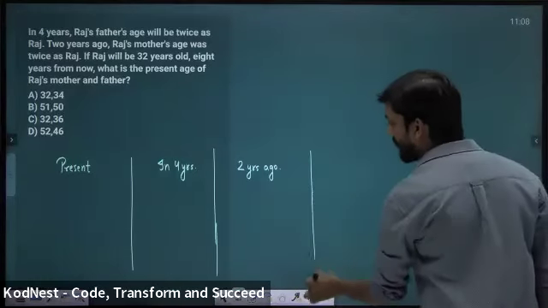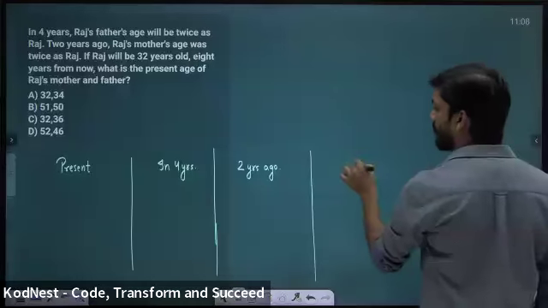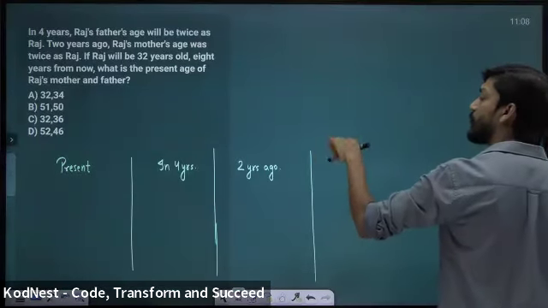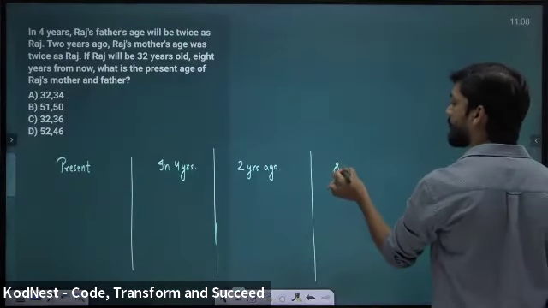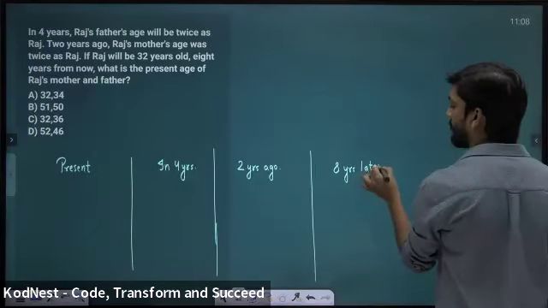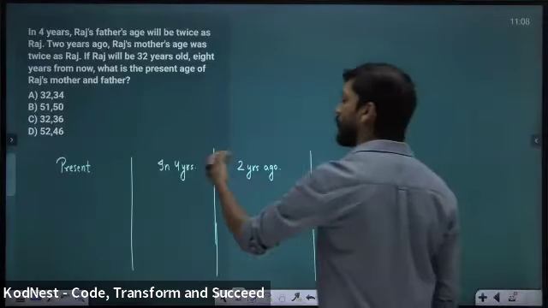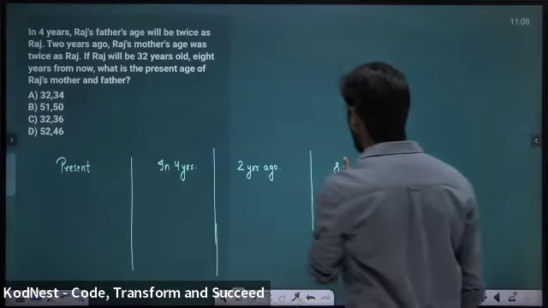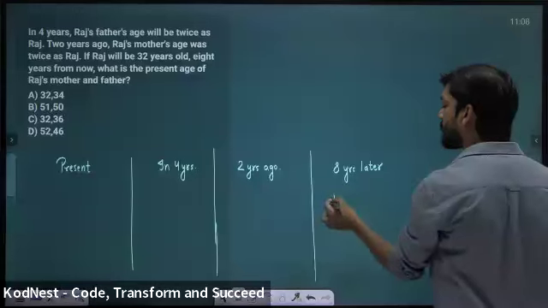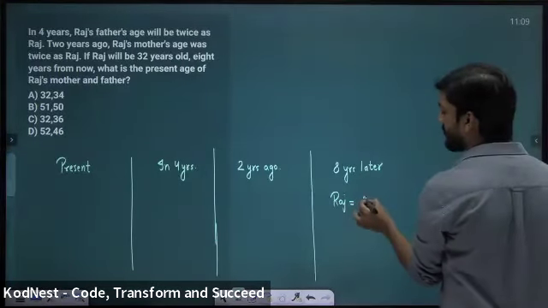And one time we are talking about 8 years from now. That means 8 years from now means from present. So 8 years later. All right. Nothing is given for the others. For this time, the age of Raj is given. The age of Raj is given 32.